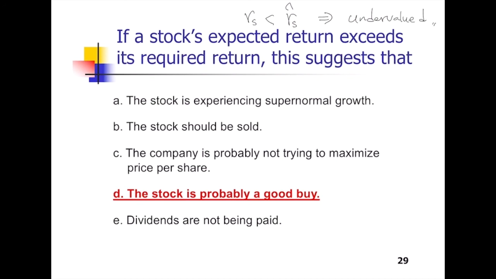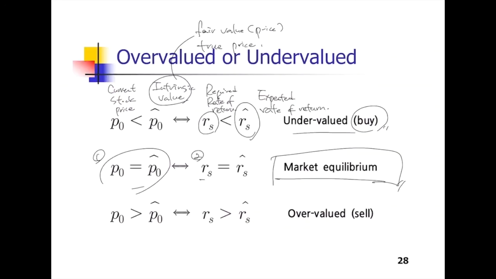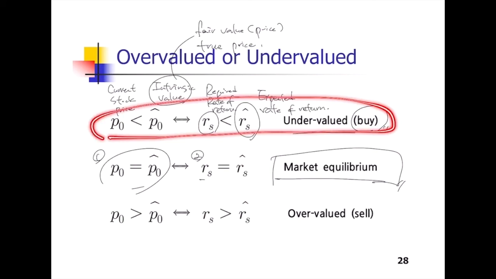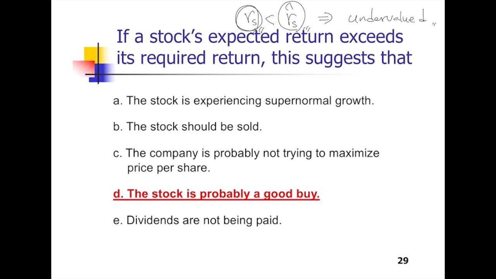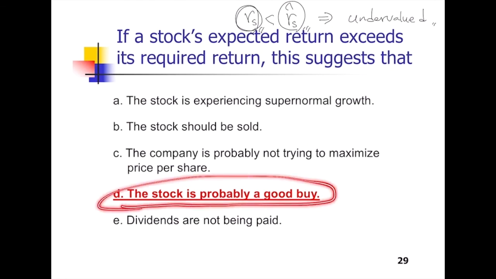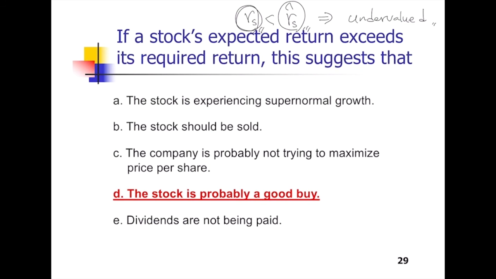Because they require this amount, but they can get more expected return. In this case, they should buy, and then they get more profit. So this stock is probably a good buy, right?